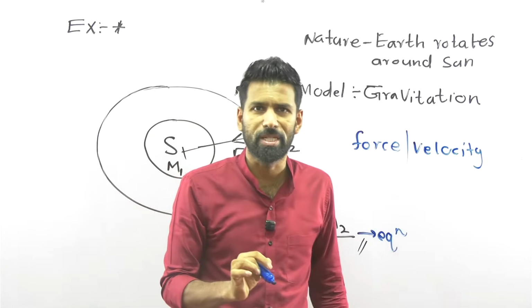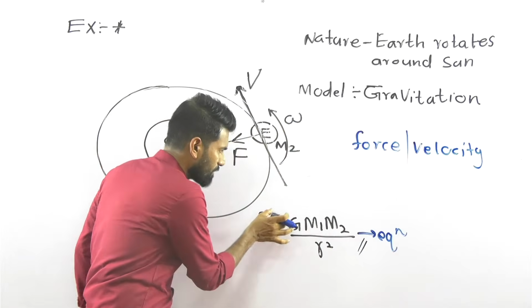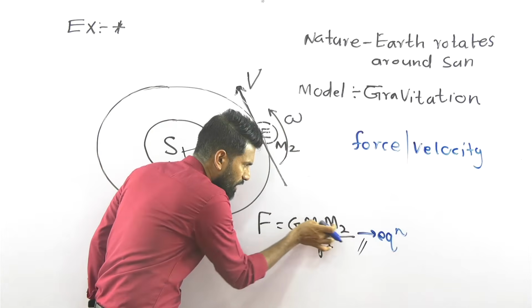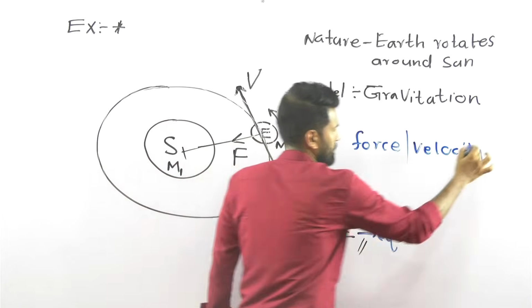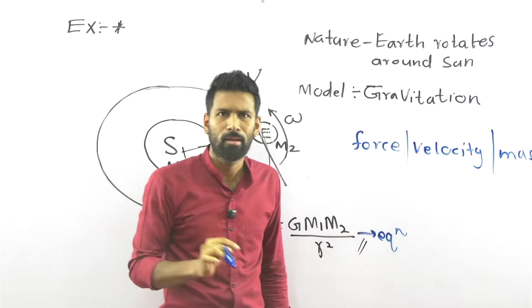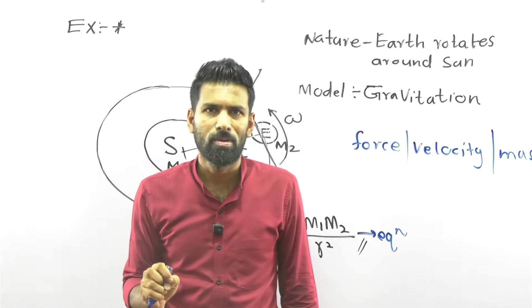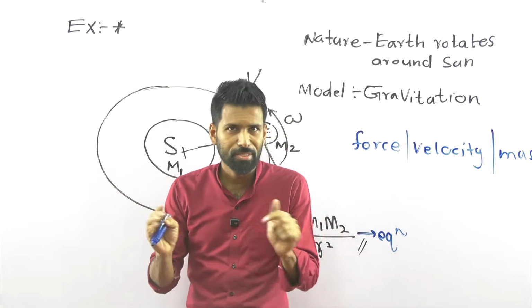Then inside this equation, the mass of Earth and the mass of Sun is introduced. So the word mass. This is my point now. I don't need to teach you gravitation today.